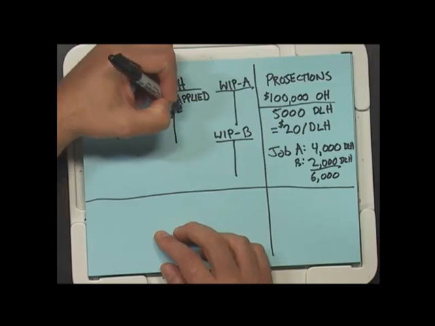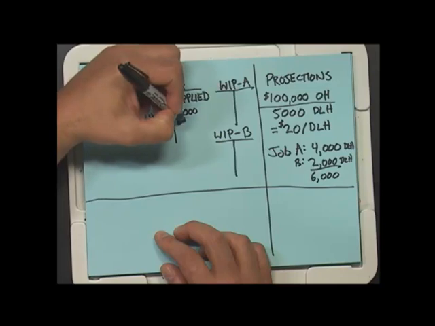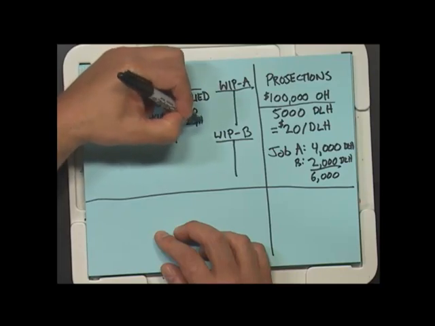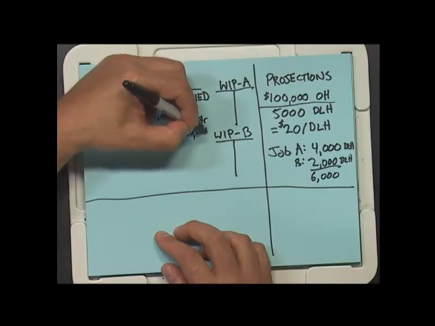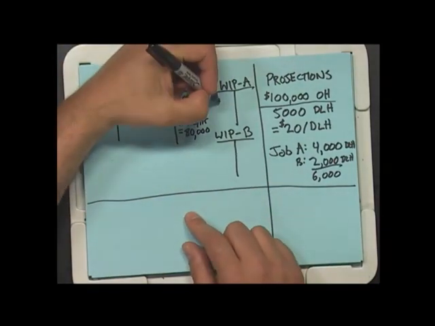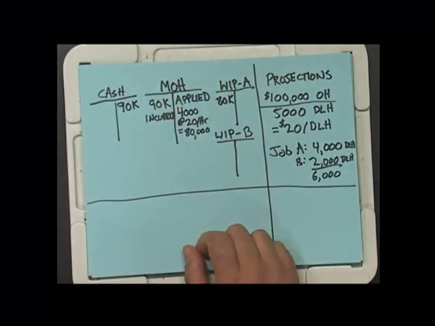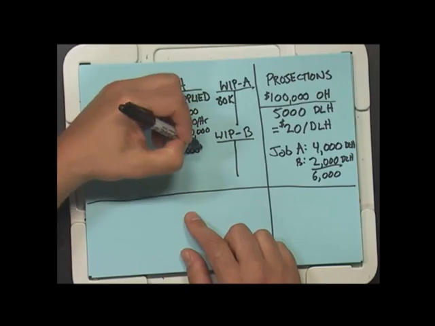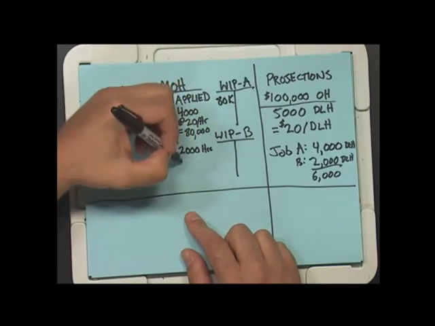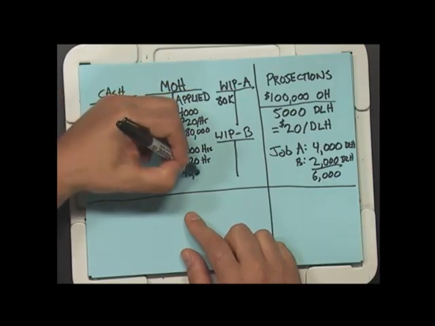So we've got 4,000 hours at $20 per hour, so that's 80,000, and that's going to go into job A. And we've got 2,000 hours at $20 per hour, so that's $40,000.